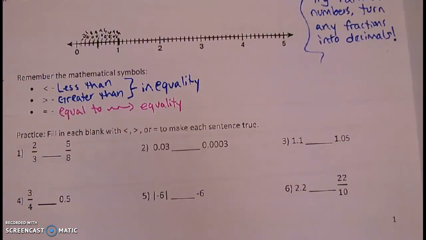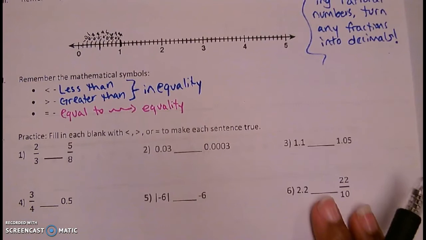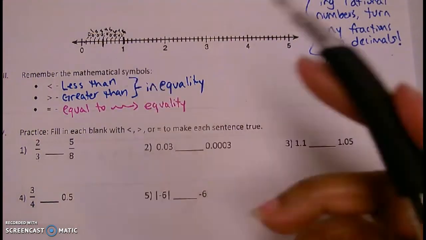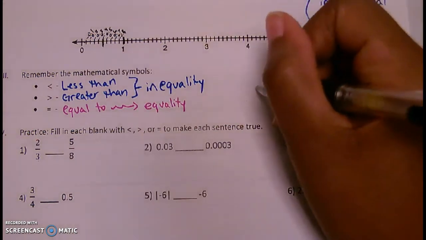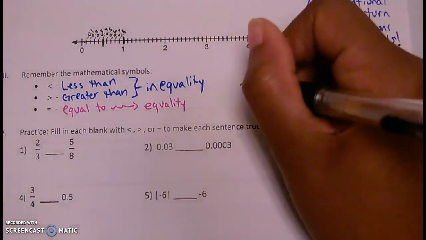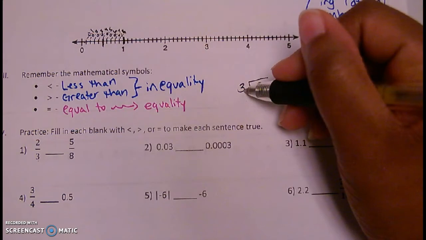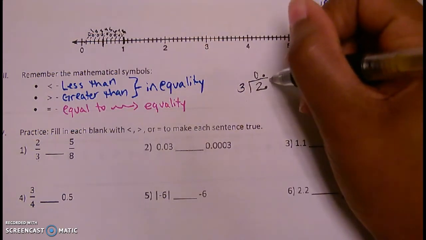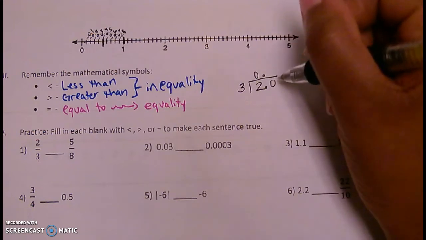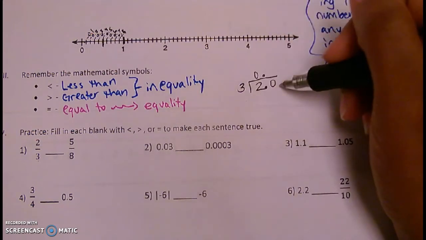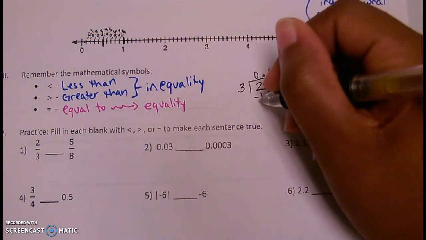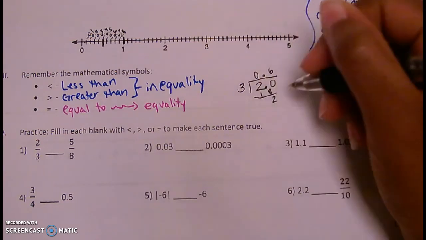We're actually going to come over to the side and we're going to divide that because we learned in our last little unit that the best way to turn a fraction to a decimal is through division. So I'm going to write 2 divided by 3. I recognize that 3 cannot go into 2, so I'm going to put my decimal place. I'm going to add in a 0. 3 can go into 20 6 times, because 6 times 3 is 18. And when I subtract that, it's going to leave me with a remainder of 2.